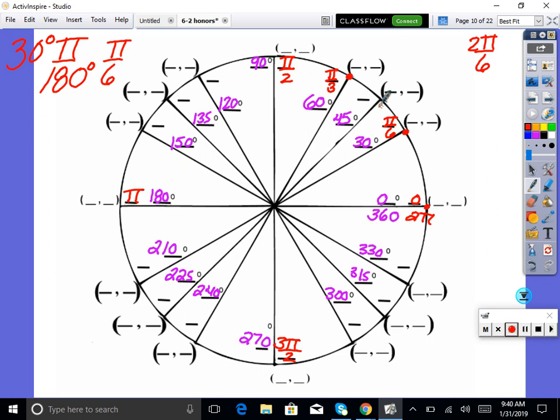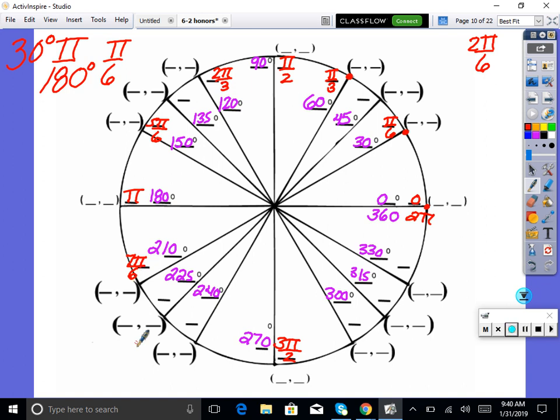1 pi sixth, 2 pi sixths, 3 pi sixths, then wouldn't this be 4 pi sixths? Yes. Which is 2 pi thirds. Okay, that was 4 pi sixths, so this must be 5 pi sixths in length. Then look, 6 pi sixths. We're doing good. Doesn't 6 pi sixths become pi? So then that same distance right here must be 7 pi sixths.